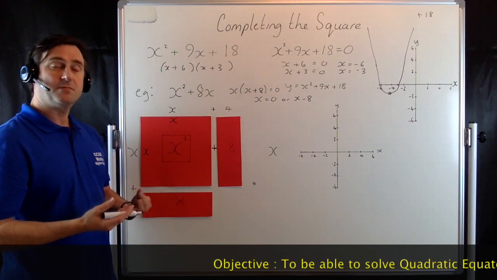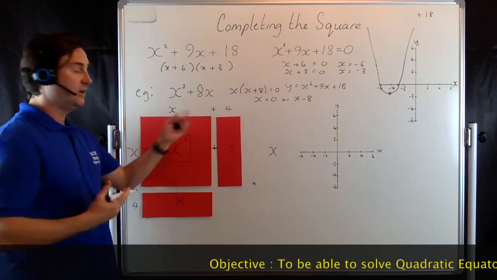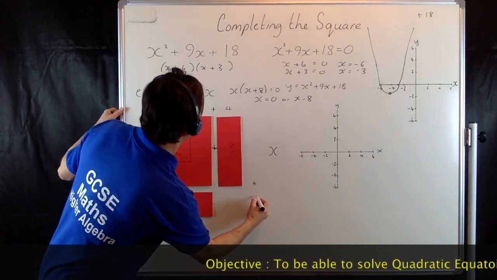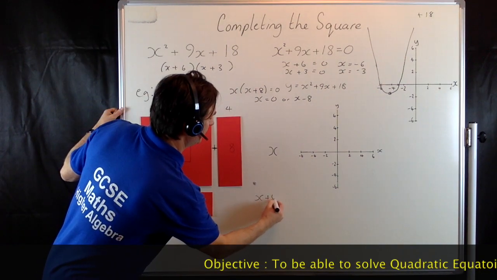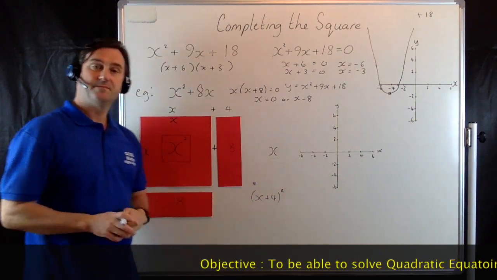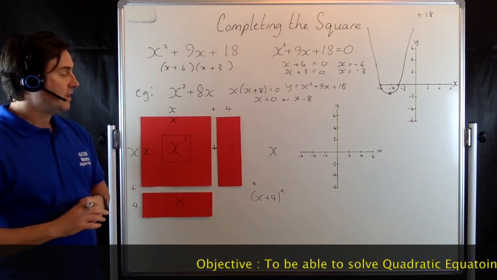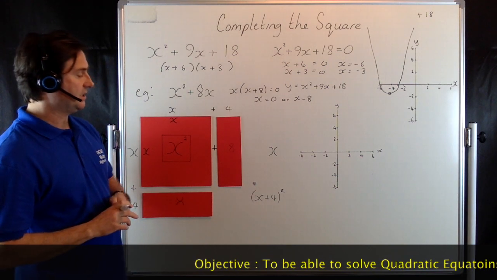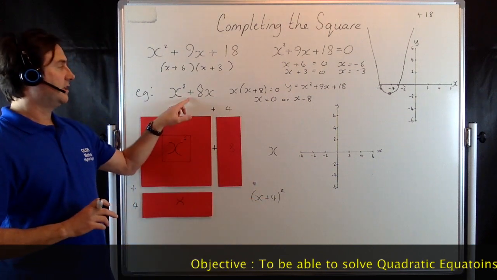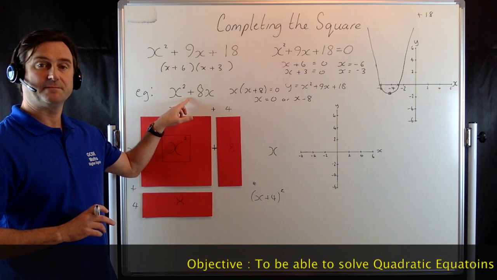And what I'm going to do is multiply them together and find the square of this expression. So if I go just down to here, I've got x plus 4 squared. Now that's the start of our completing the square. What I'm going to do now is to see if this expression, when I multiply it out, gives me this expression, to see if I've factorised it correctly.